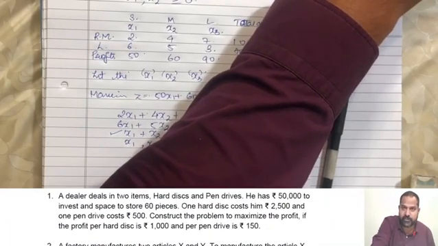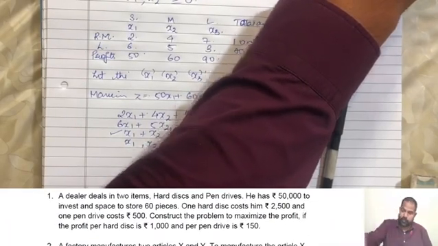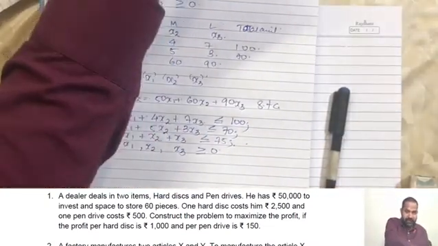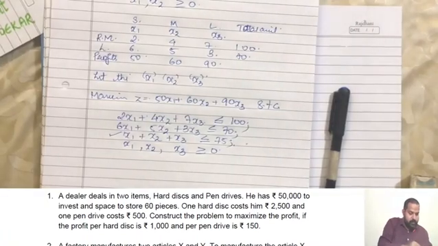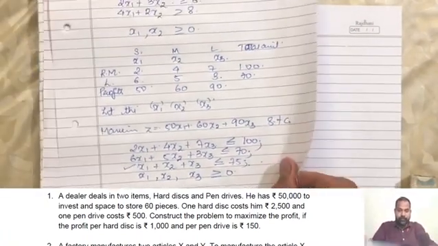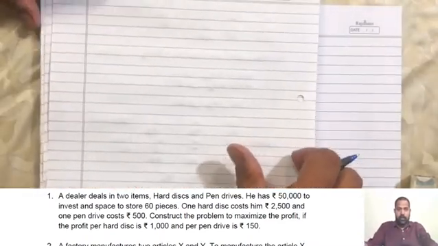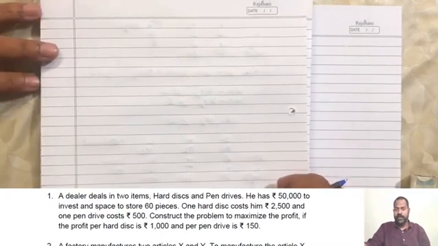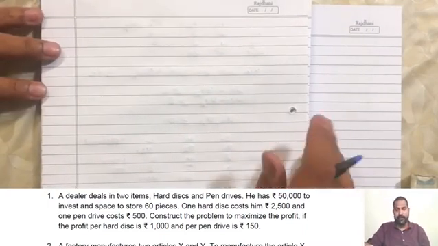It's an interesting question. What does question number 1 say? Small question. The question says that a dealer deals in 2 items, hard disks and pen drives. So there's a dealer who's dealing in 2 items, hard disks and pen drives.